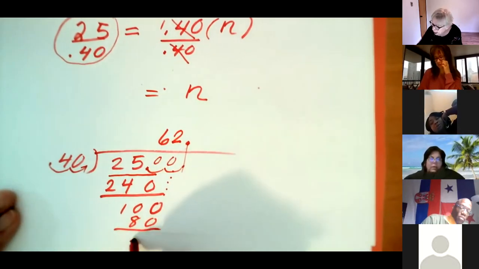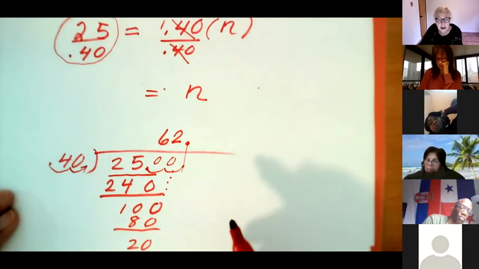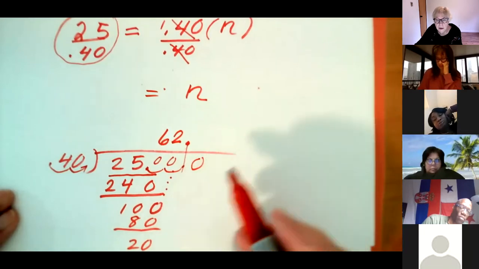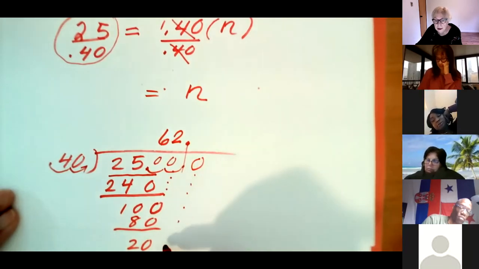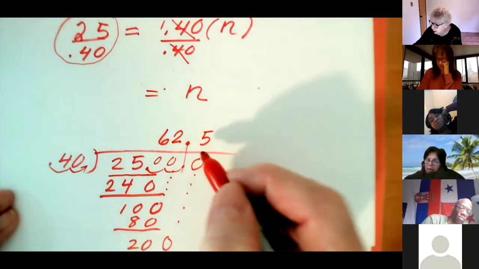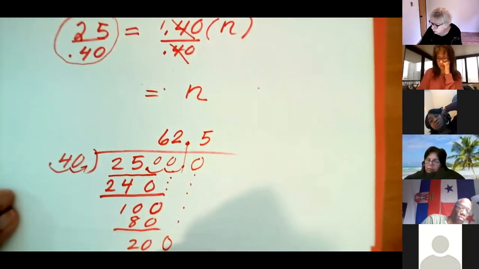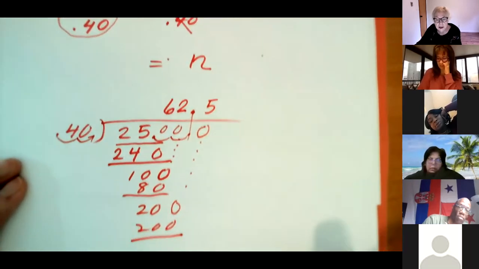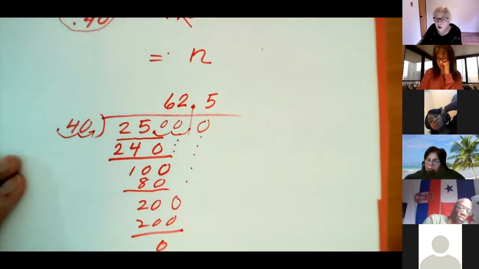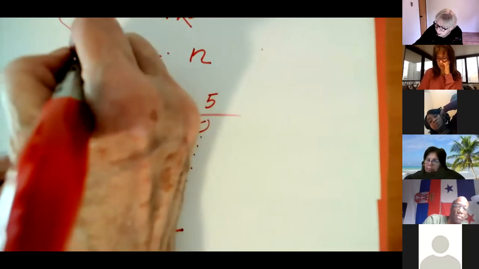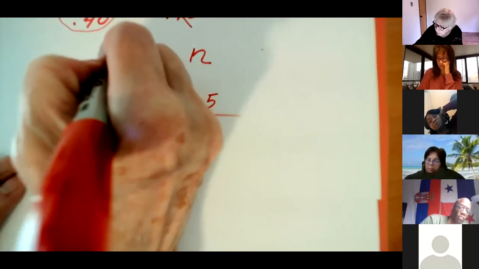I'm going to subtract. And because I'm not done, I'm going to add one more 0 and bring it down. 40 into 200 is actually 5. 5 times 40 is 200. That is an exact answer. No remainder. So my answer is 62.5.